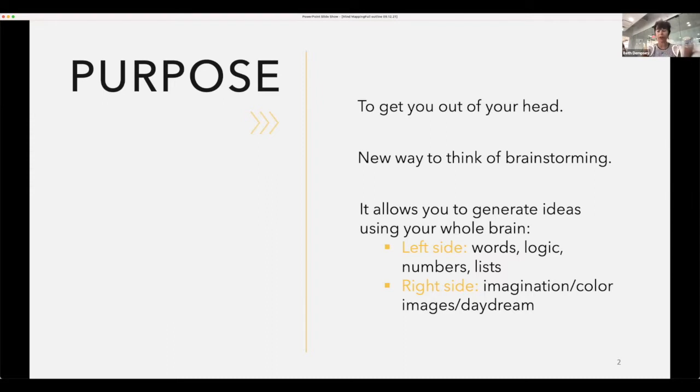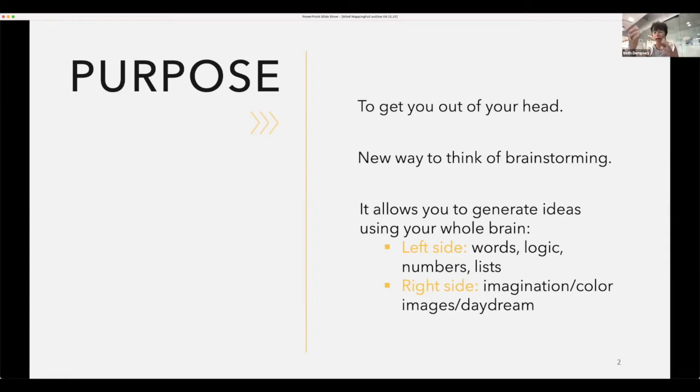So the purpose of using this tool of mind mapping is really for you to get out of your head, and it's a new way of brainstorming. You're using your whole brain, both the left side and the right side. On the left side, when you think about how you generate ideas and words, it's logic, numbers, lists.